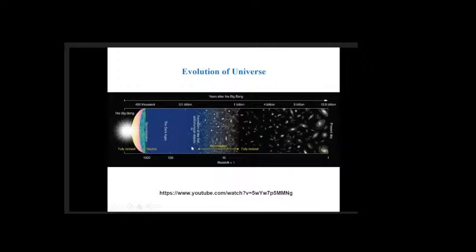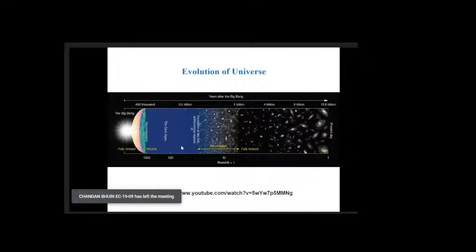And once stars were formed, the light from stars made the universe visible. So this onset of the first stars, this episode, is called the cosmic dawn. We know that the dawn of a day is the time when our day starts, when from the dark night our earth becomes visible.